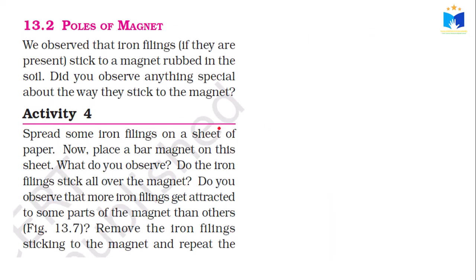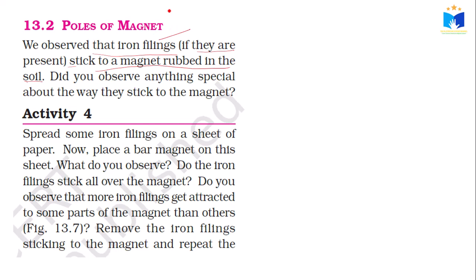Next, poles of a magnet. We observe that iron filings, if they are present, stick to a magnet rubbed in the soil. So in the next topic, we are going to see the poles of the magnet.